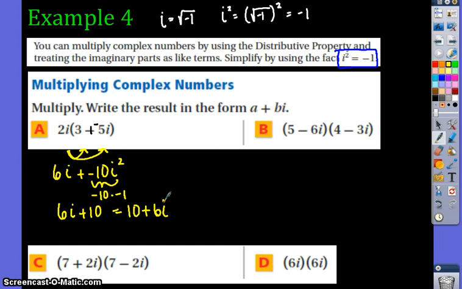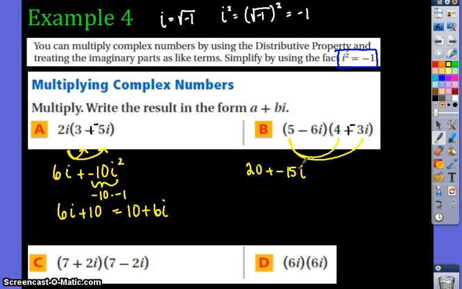Okay, let's look at another one. This time we're going to FOIL it. So we'll do the 5 times the 4. That's going to be 20. And then the 5 times a -3i, remember this is plus a negative, that would be plus a -15i.